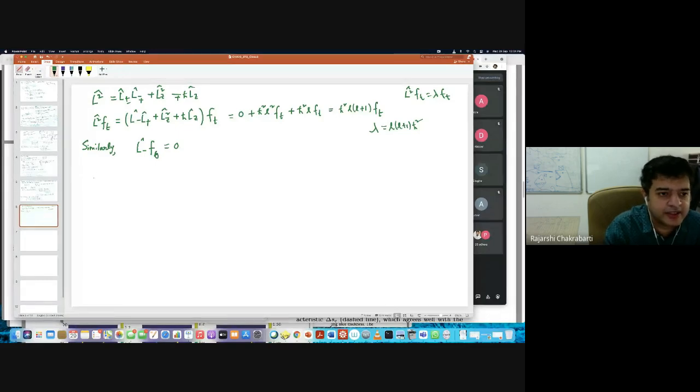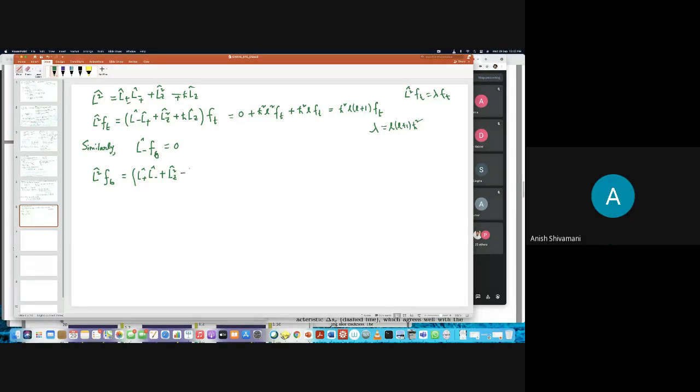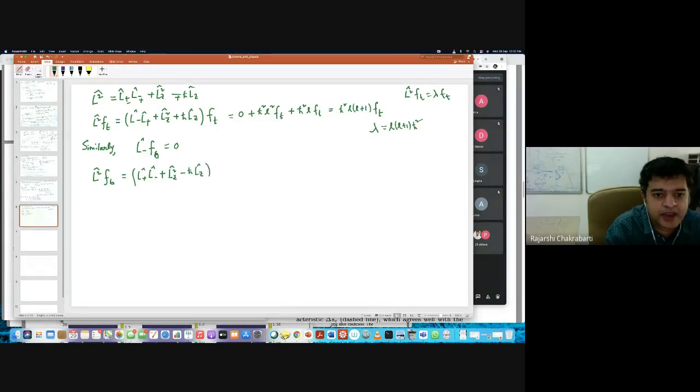Then again I write L square operating on Fb, and this time I take the other definition, L plus L minus plus Lz square. What will be the next term? I take this plus minus, so it should be minus ħ Lz. And if I operate on Fb, what am I going to get? Why did I take this particular combination? Because I want to operate L minus on Fb. That's why I take the L plus L minus combination, not the L minus L plus combination. So the first term is 0. What is the next term? Tell me.